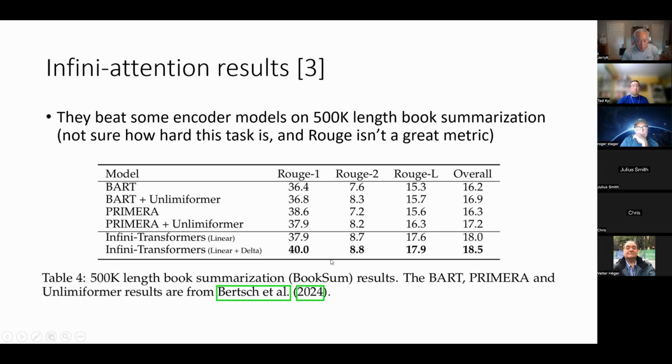And so you can see here some of these other models, and they did beat it. I don't know a ton about summarization benchmarks, and there's probably not that many comparisons for 500,000 token length text.